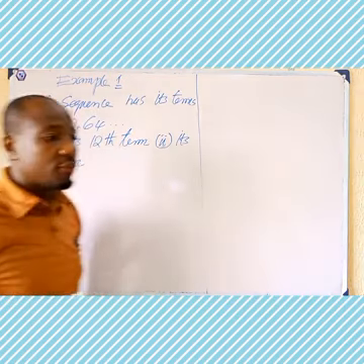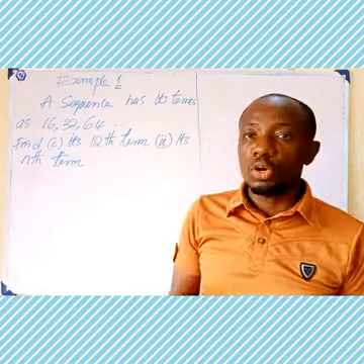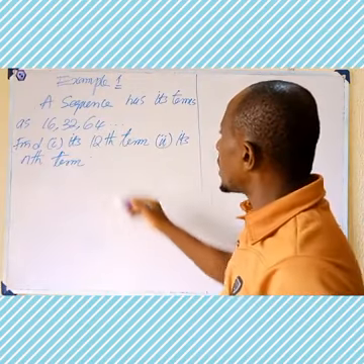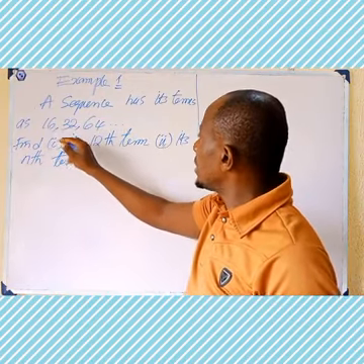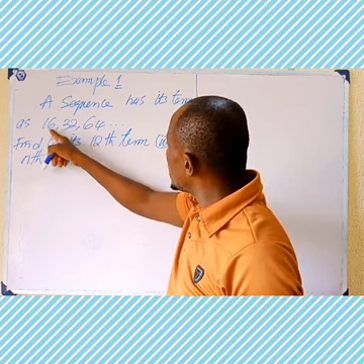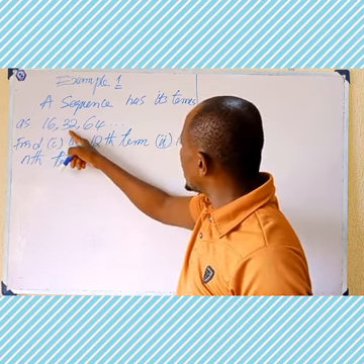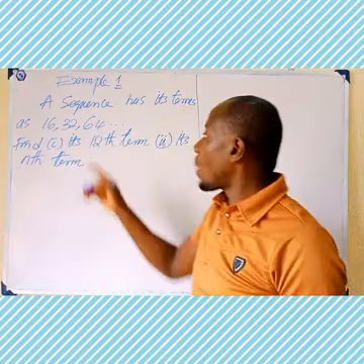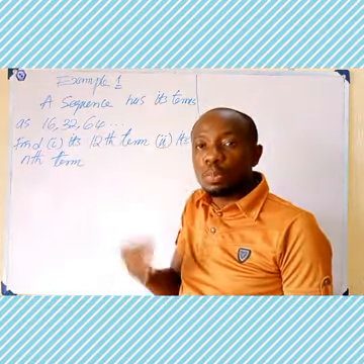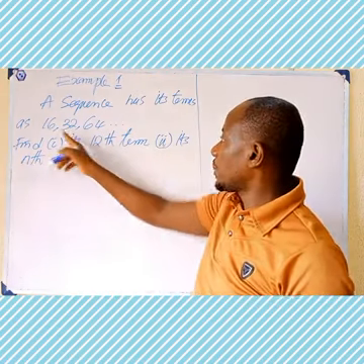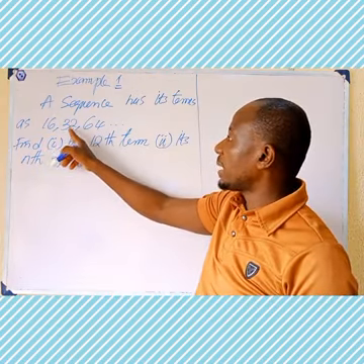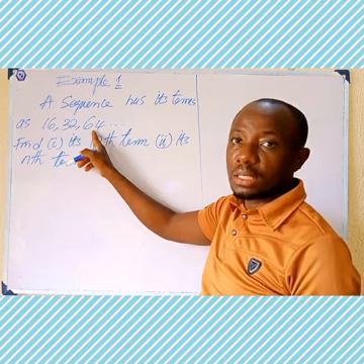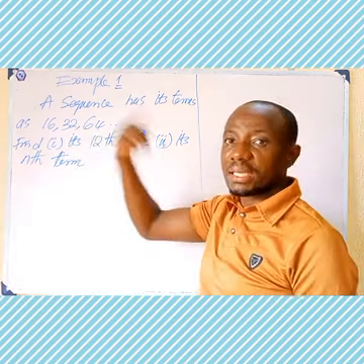So the only way you can differentiate whether it is an AP problem or a GP problem is to look at the sequence. What is the difference between this number and this one and this one? Now, if you discover that the difference between one number and the other has to do with multiples of a constant, like if you multiply this by 2, you get this. Multiply this by 2, you get this, right? It means that if you multiply this number by 2, you get the next one.